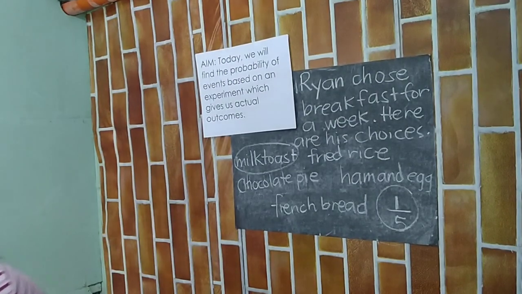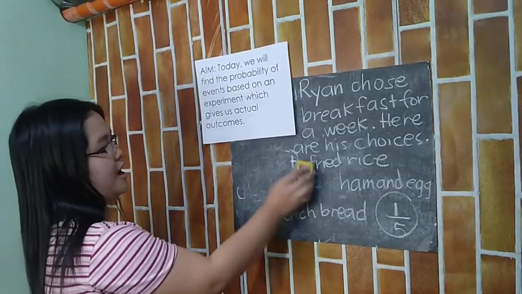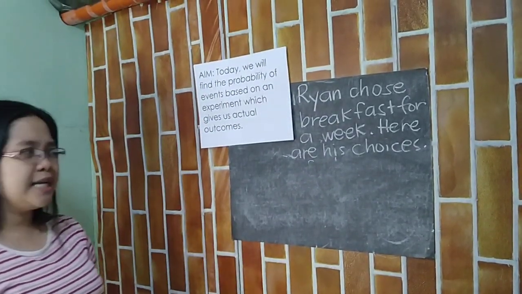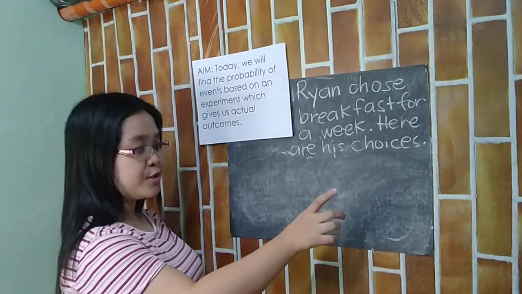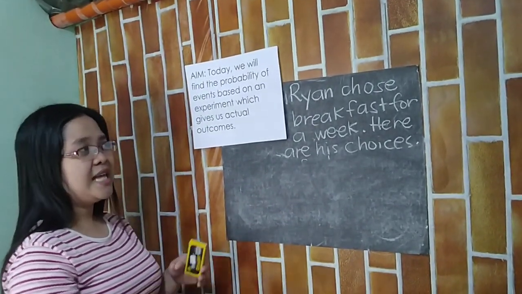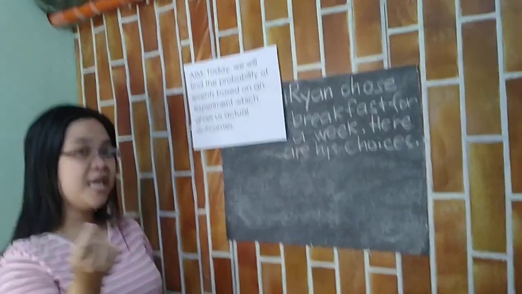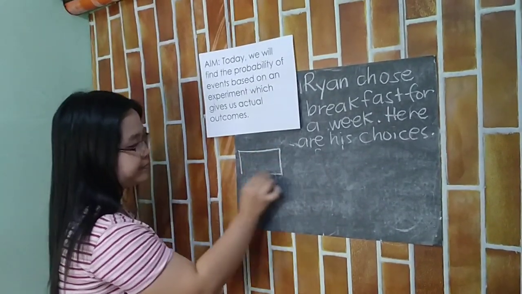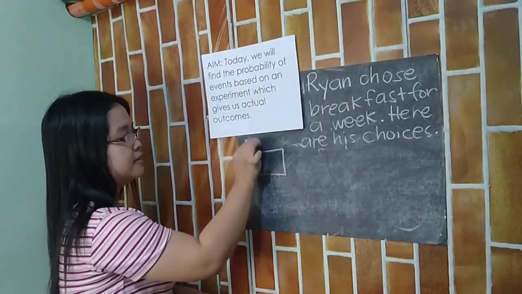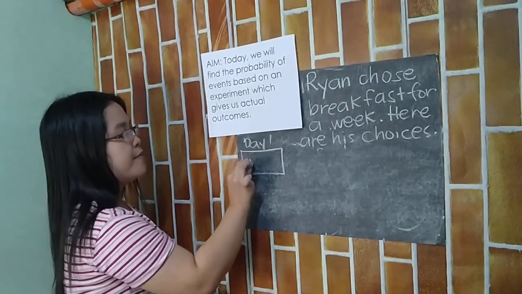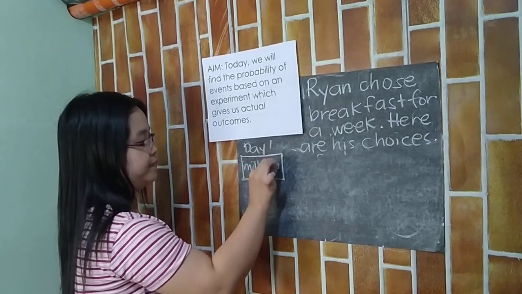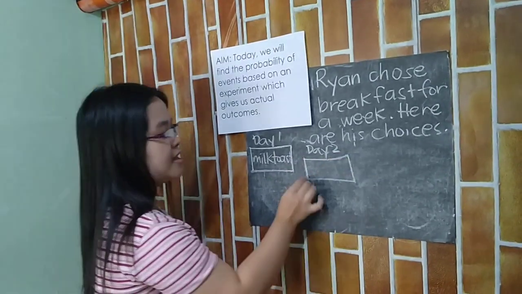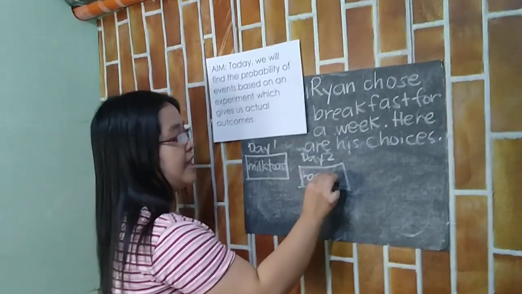Now, what if a different scenario happens in choosing his breakfast? What if Ryan put the food on cards and conducted an experiment by picking which card he will eat for breakfast? For day 1, he picked milk toast. For day 2, he picked ham and egg.